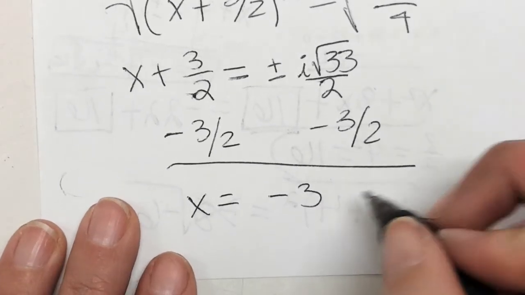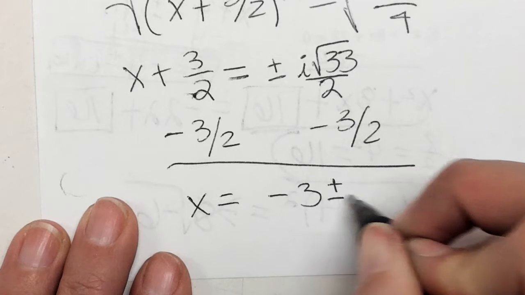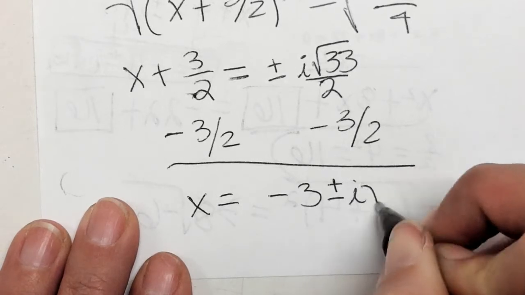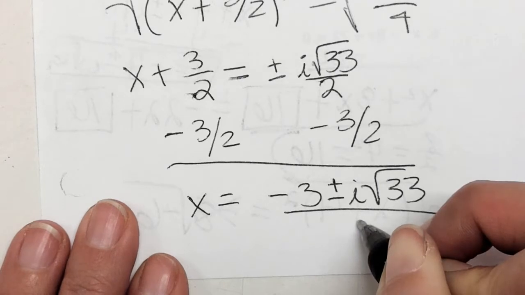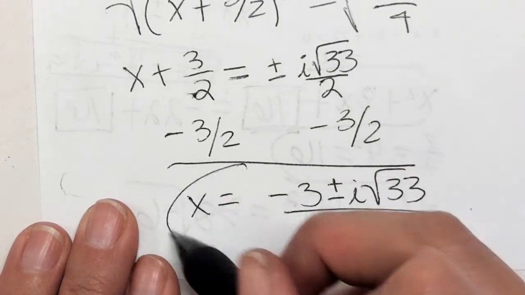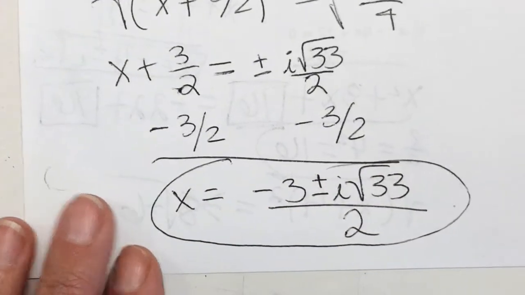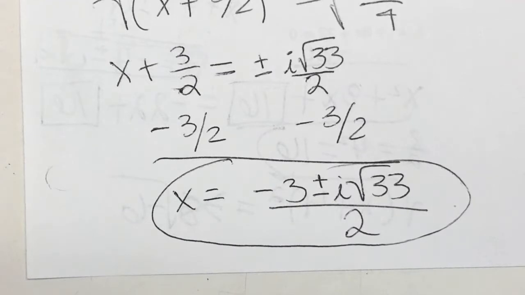What's your imaginary number? I root 33. All of it can go over what? 2. And why? Because they both have a denominator of what? 2. Questions?